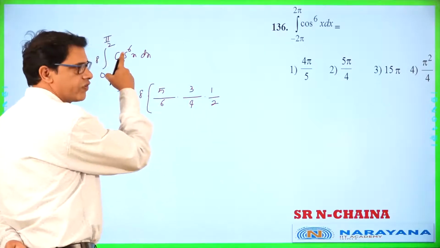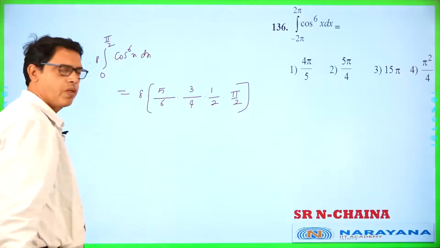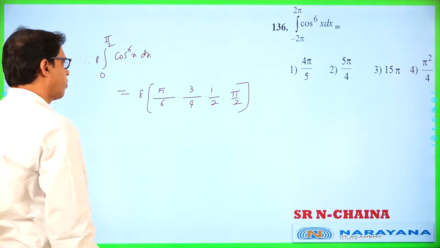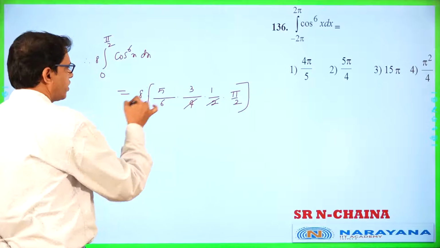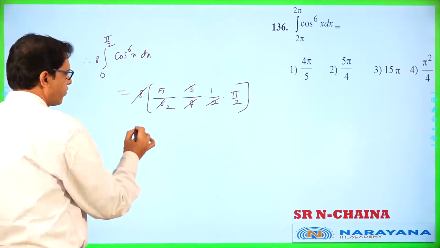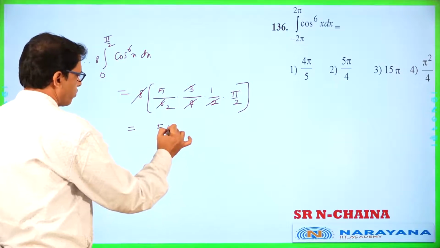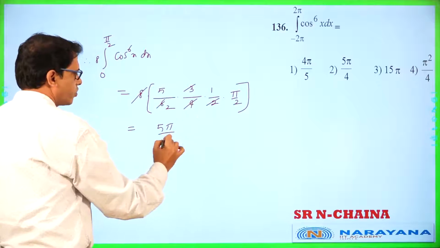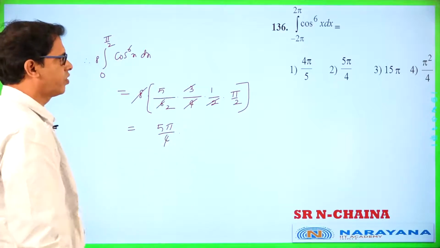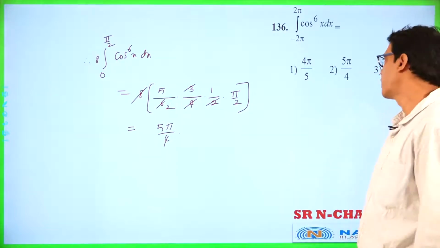So the function is an even function, so into pi by 2. Now here you can cancel 8: 4 twos are 8, 3 ones are 3, 2 twos are 2. We are left with 5 pi by 4, so the second option.